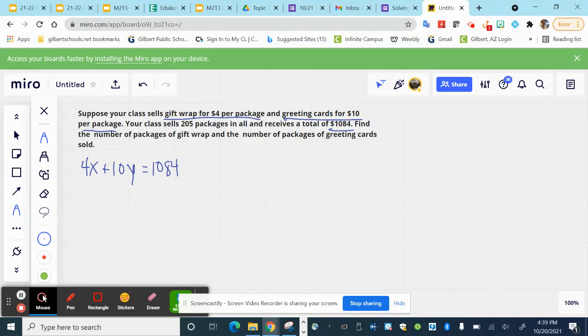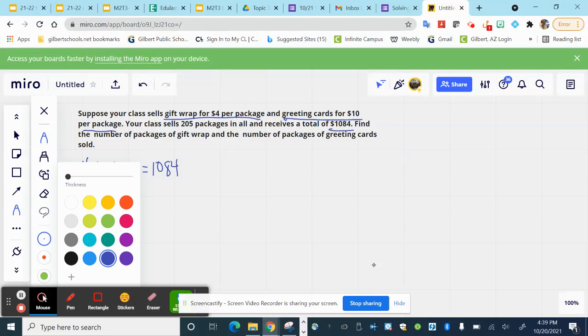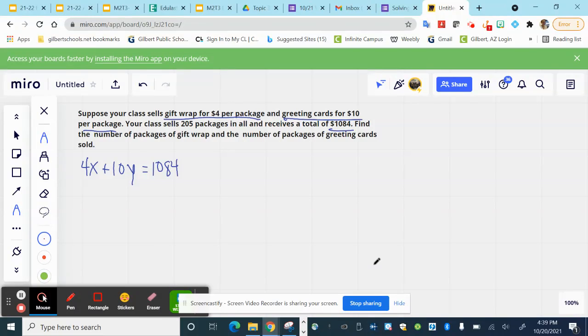The second thing that we're keeping track of is our total number of packages. If you look here, it says your class sells 205 packages in all. So that's just totaling up the number of packages.